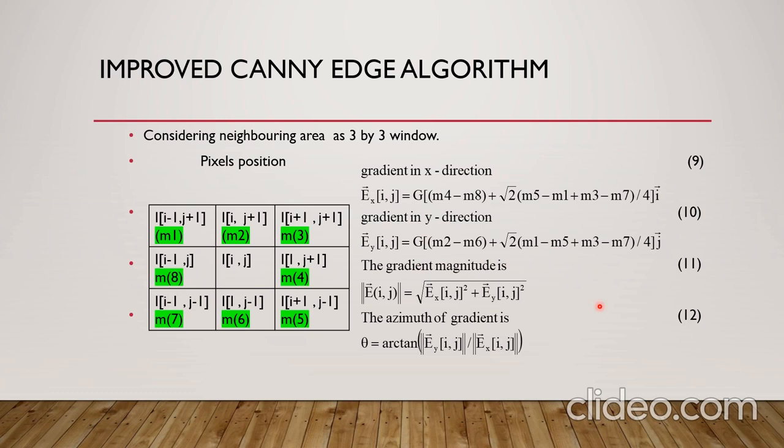So the total gradient magnitude is nothing but the square root of the gradient in the x direction whole squared plus the gradient in the y direction whole squared. The direction of the gradient is nothing but tan inverse of the gradient in the y direction divided by the gradient in the x direction.